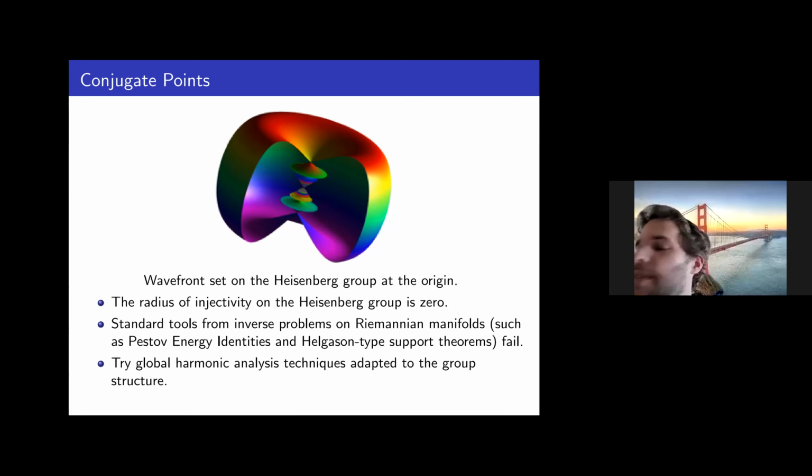In the inverse problems community, we have these standard tools called Pestov identities or Helgason-type support theorems that largely rely on a positive definite second fundamental form or some strong convexity assumptions to prove that various X-ray transforms are injective. And without a closer look, these tools don't necessarily apply. So the first thing we could maybe try is a global harmonic analysis technique, which I'll explain in a moment.